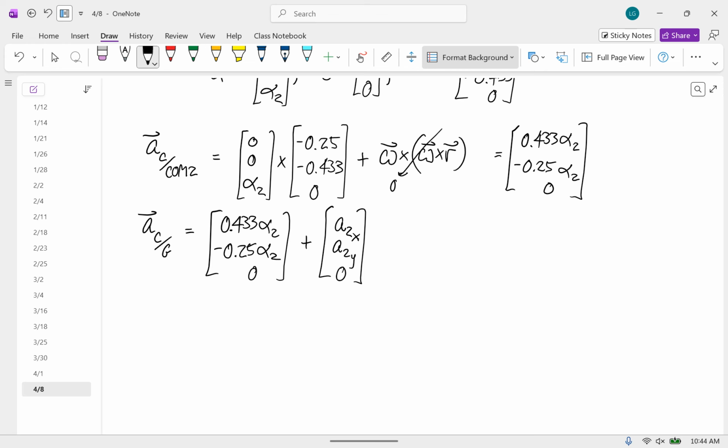And now we want to set the y component equal to 0. And so our final equation, equation 7 star, says negative 0.25 alpha 2 plus A2y is equal to 0.